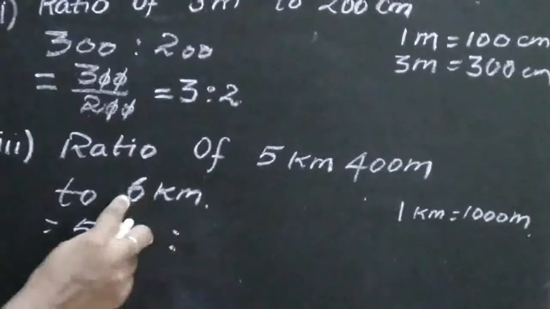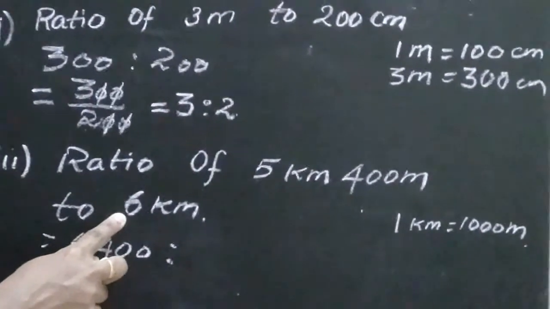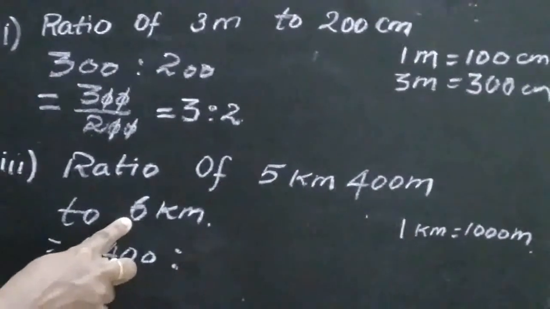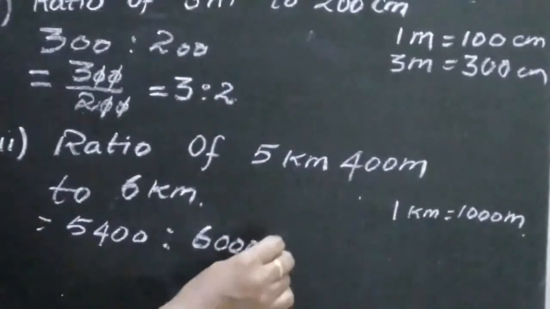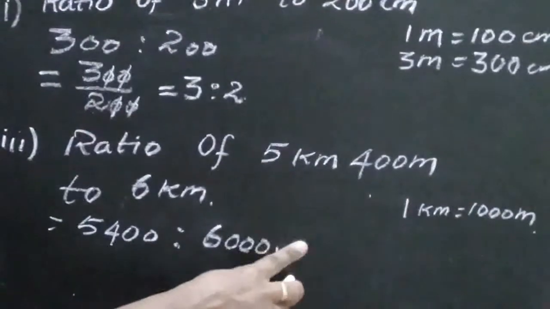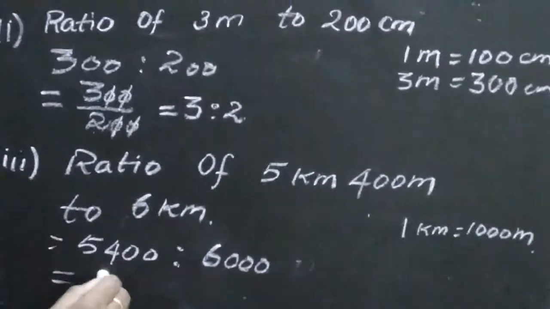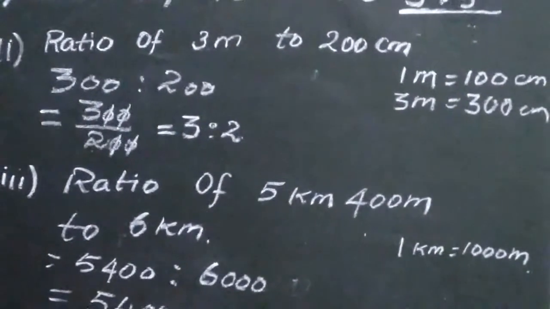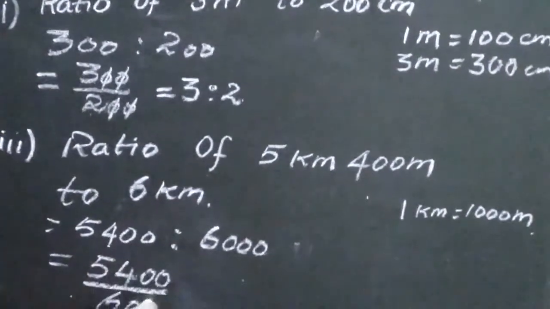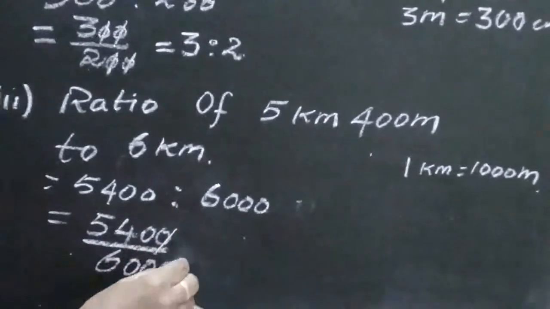So 6 kilometer converted to meter means 6 into 1000, 6000 meter. Now we have to arrange the fraction format. So 5400 divided by 6000. Now 0, 0 cancel.